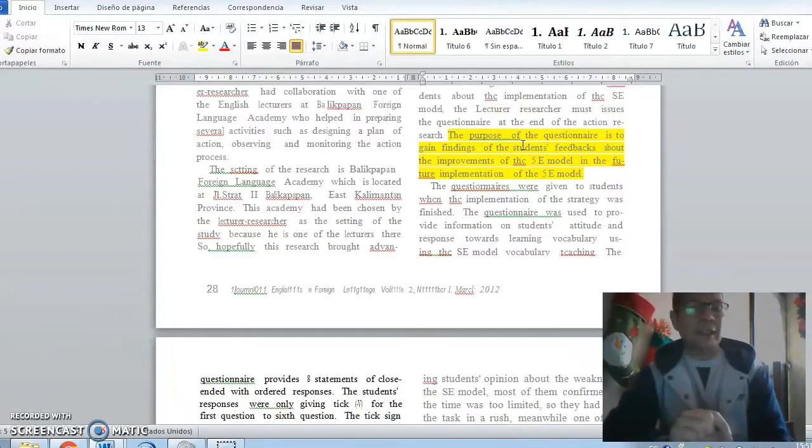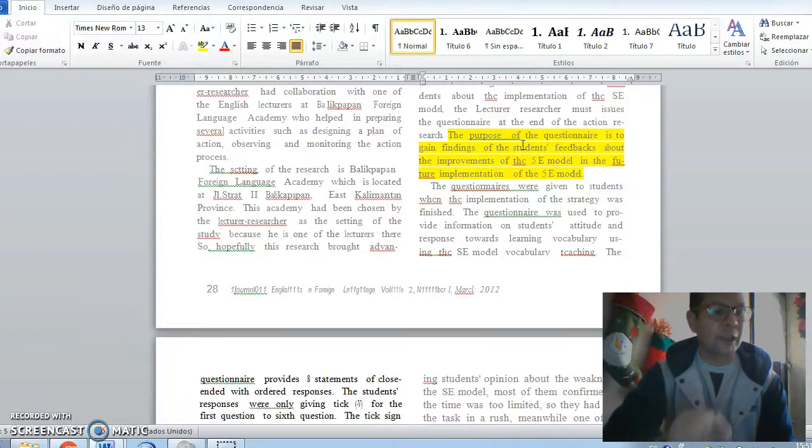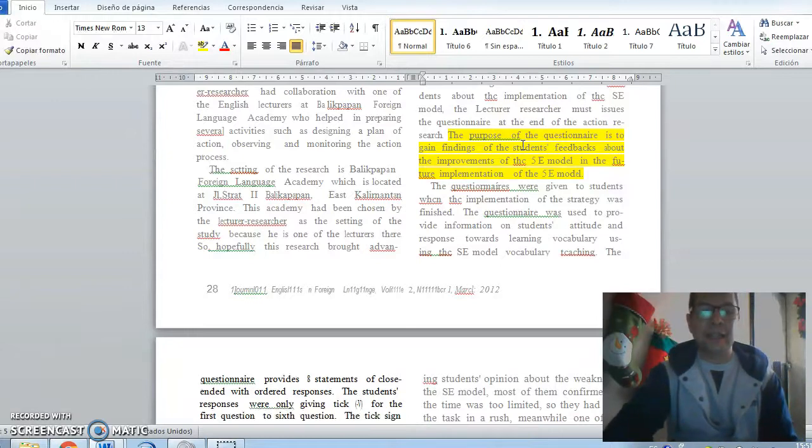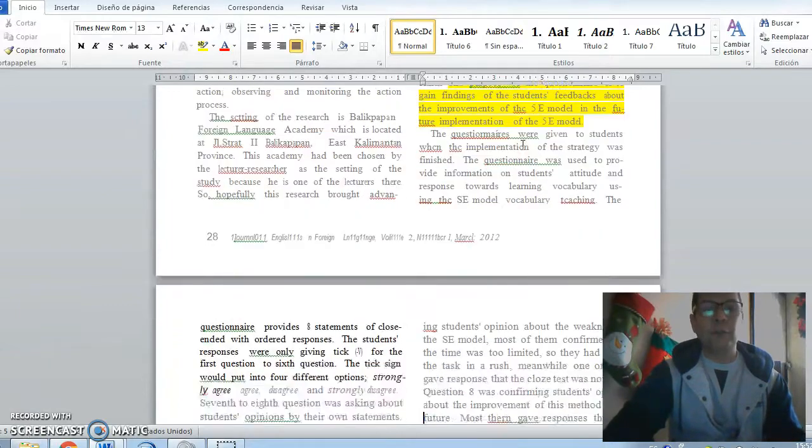He also collects data expressed through written, verbal, and non-verbal language, as well as visual language. And it describes and analyzes them, which leads to the conclusion of the study that the 5E model can be implemented to develop the vocabulary of students studying the second semester of the Foreign Language Academy of Balikpapan.